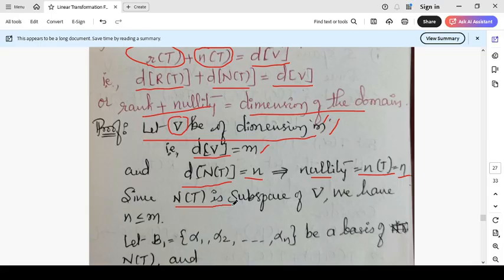Since N(T) is a subspace of V, how is it a subspace of V?